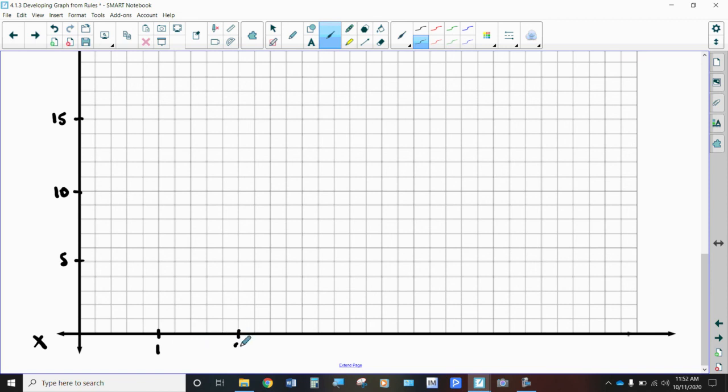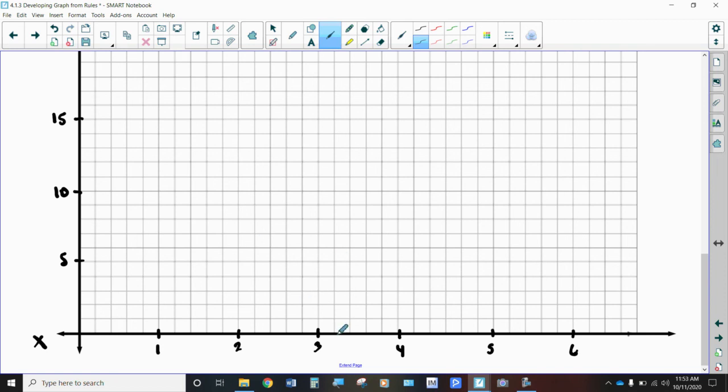This will be 2. 1, 2, 3, 4, 5. This will be 3. So this will be nice and spaced out. 1, 2, 3, 4, 5. This will be 4. 1, 2, 3, 4. And we don't really need to go beyond, but we could go beyond on a number of them. So I'll number it like this. You don't necessarily have to number it like this. If you're creating your own graph in your journal, you can do your numbering sequence any way that you want.